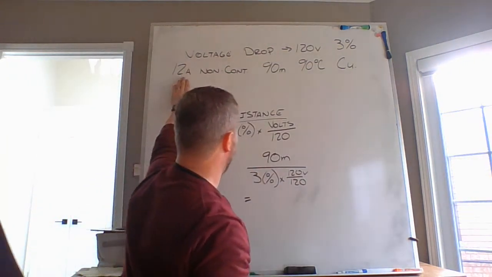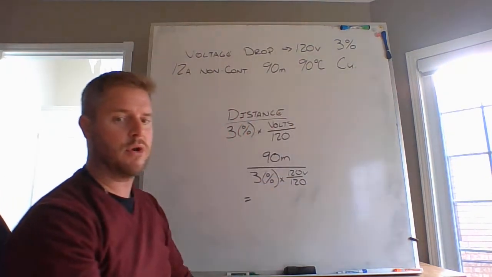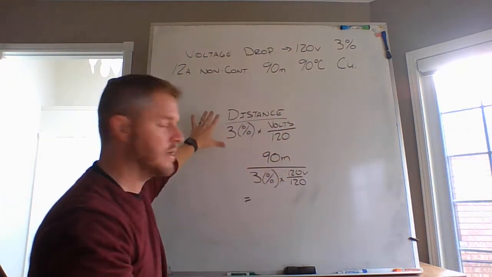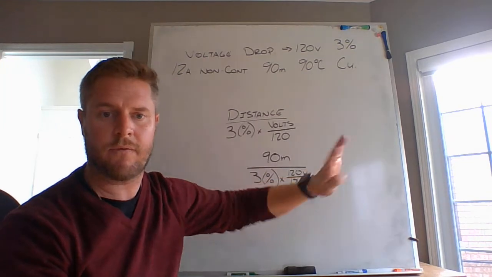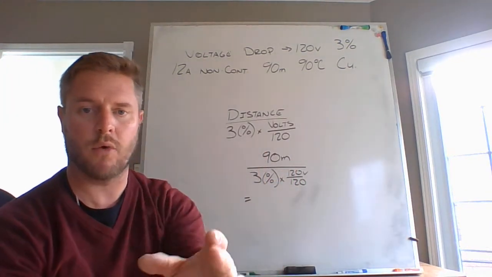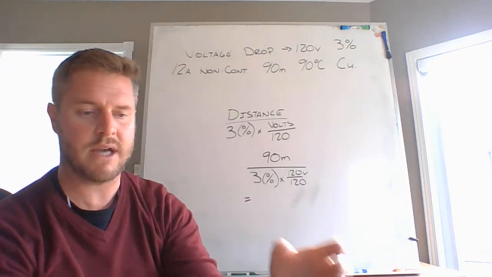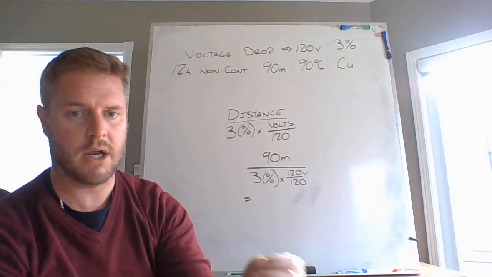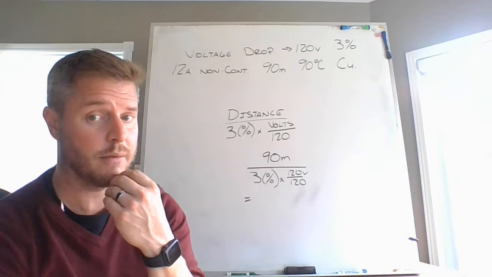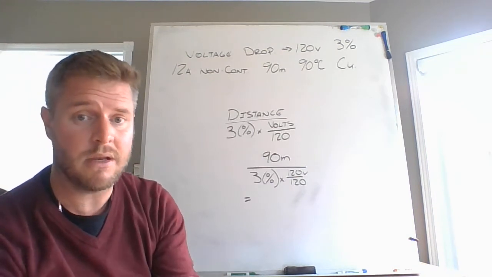Remember, I'm looking at 12 amps 90 meters away, so you can forget all of this if you want to do this calculation 5 times. You could start with 14 gauge conductors, you're not going to come close. You could do number 12, same multipliers, not going to come close. Do it again for 10, not going to come close. Try again for 8, maybe 6.